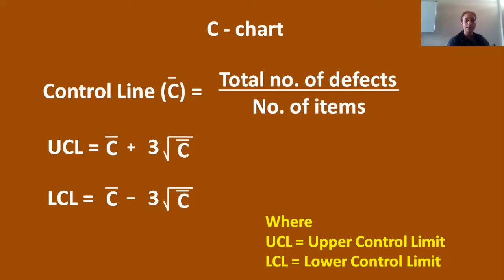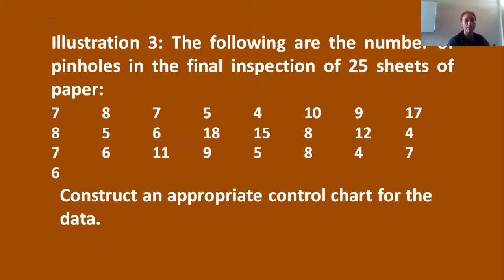So to understand this, I am taking one example here. Suppose here we are given with the 25 sheets of paper, and these are the number of pinholes on all 25 sheets. So now we need to construct an appropriate control chart for this information. So as I have told you, we are generally applying C chart when we are dealing with number of defects.